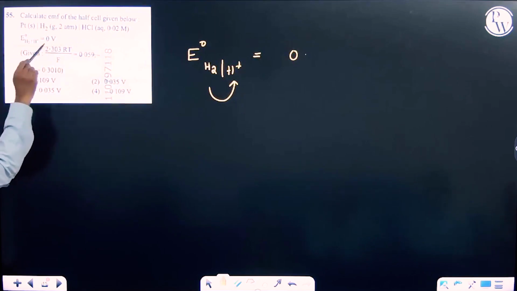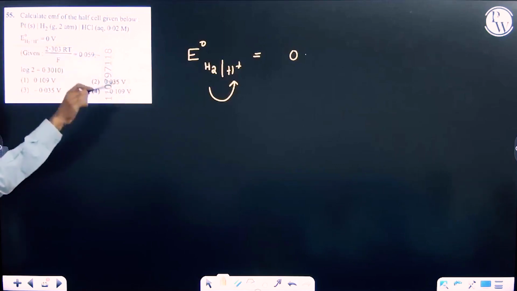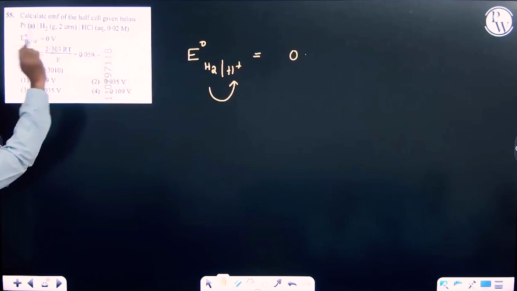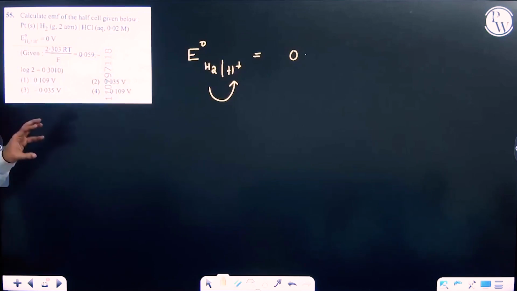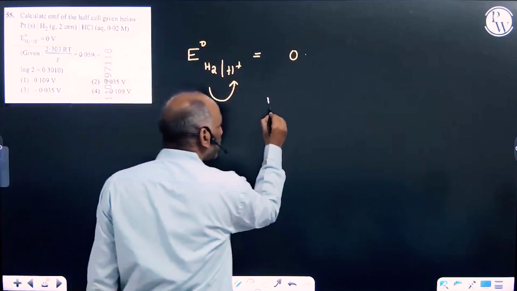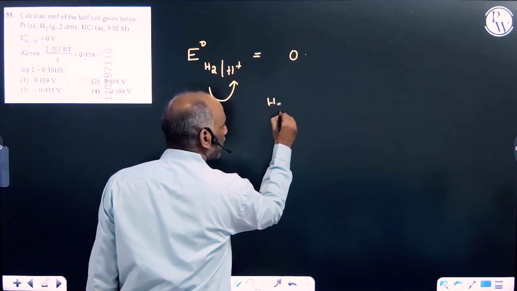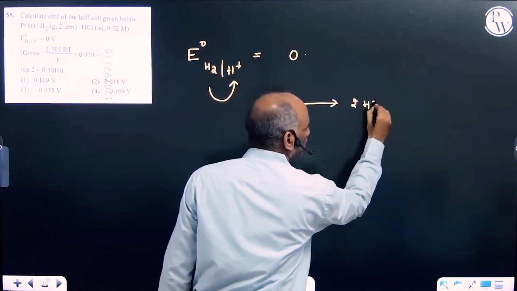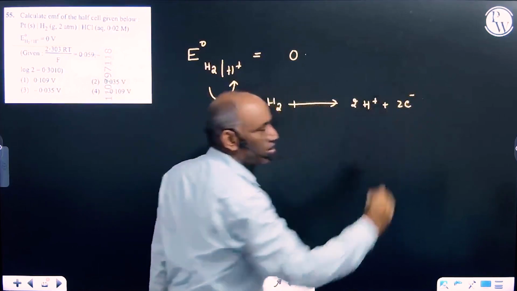The general way of representing is H plus getting converted into hydrogen. But here the representation is given as hydrogen | H plus, indicating that he is talking about oxidation potential. If you write the reaction, this hydrogen gas will lose electrons and convert into H plus and 2 electrons.